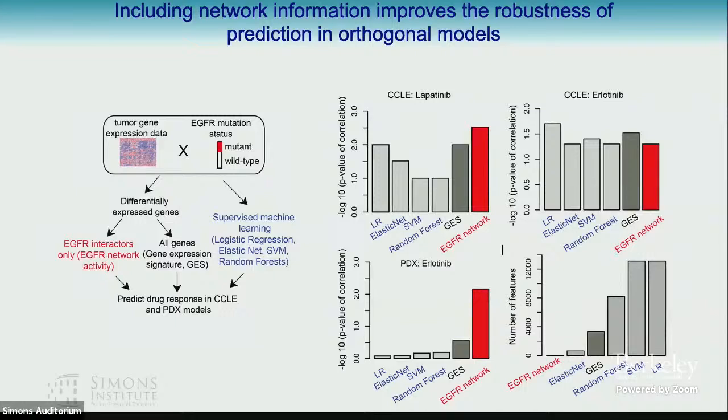So the sensitivity to erlotinib or lapatinib, the sensitivity of these patient-derived xenografts to erlotinib. And what we found is actually the network approach is the only one that was consistent across all of them and giving roughly the same or better performance. And so it seemed to be a more robust measure of network activation or EGFR pathway activation, and one that could replicate across 3 different platforms.